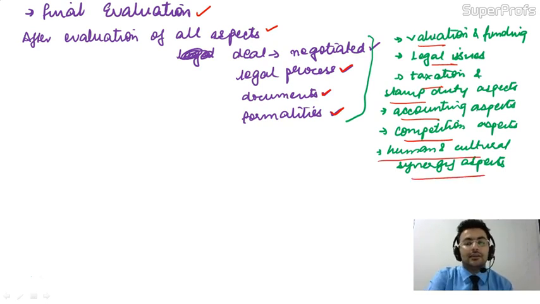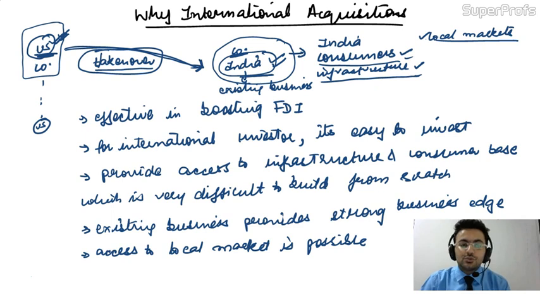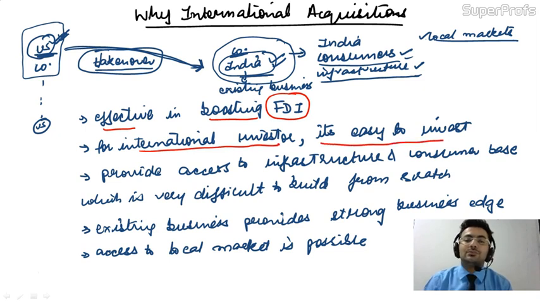So why international acquisitions? They are effective in boosting FDI. In order to attract FDI, they are considered to be effective. For an international investor, it is very easy to invest through international acquisitions. They provide free access to infrastructure and consumer base. Which kind of company is this?